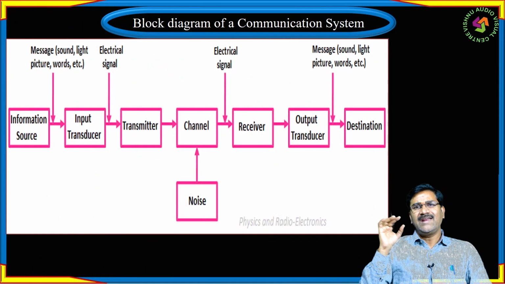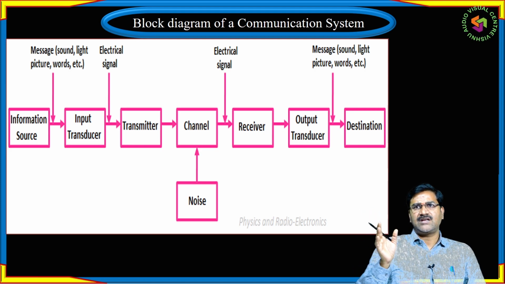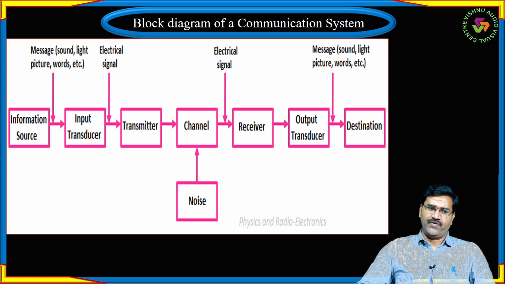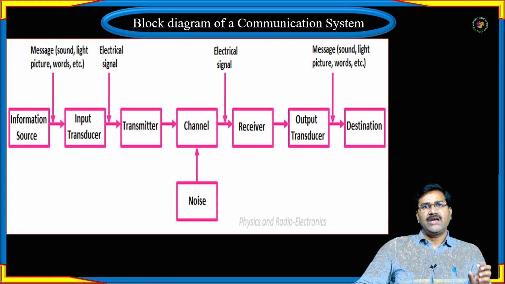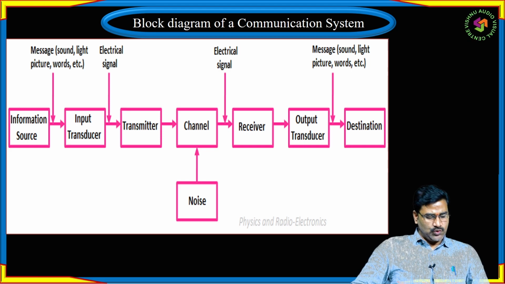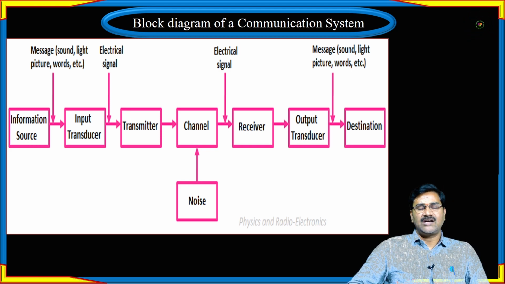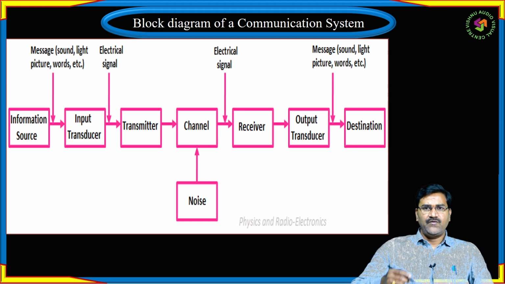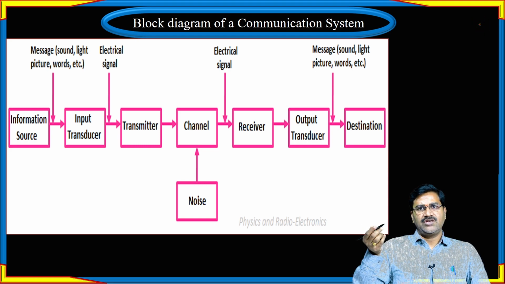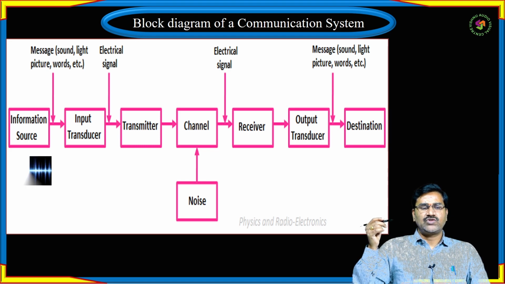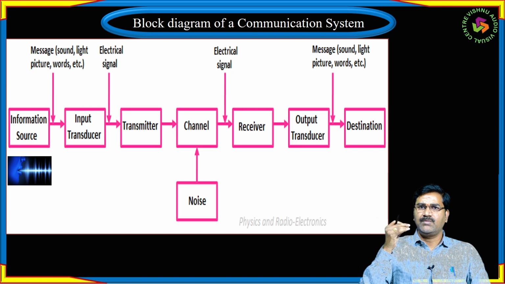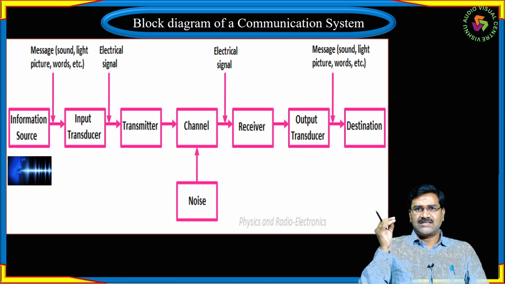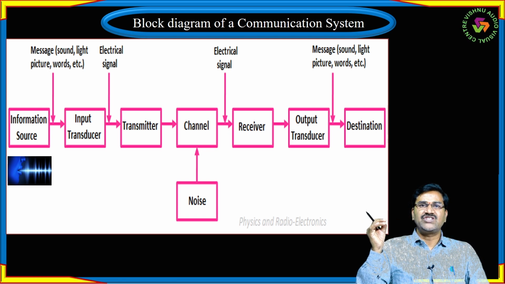Okay, if you look at any communication system, the major building blocks are given like this. This is the major block diagram of a communication system. First of all, we need to generate the information. The information source may be a voice signal or digital data, whatever it may be. For instance, if the message signal is a voice signal or picture signal, and you come across an analog communication system, the information source will be generated by our vocal cord, generating the information in the form of sound, and that sound signal has to be converted into a form which can be transmitted.